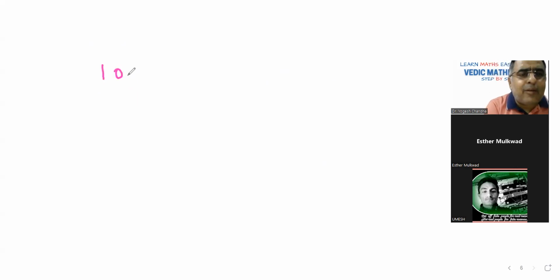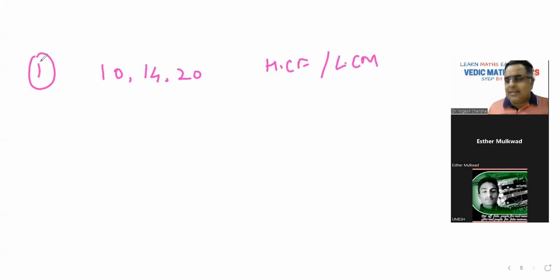So 10, 14, 20. Can you find HCF and LCM using your method first? I'll give you the Vedic maths method for 3 digits, but try to find it out by your division method only, because there is always a confusion.